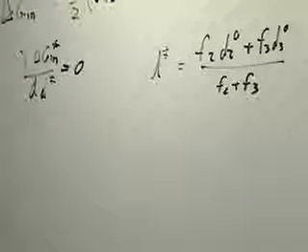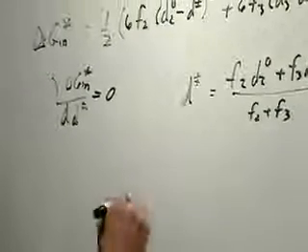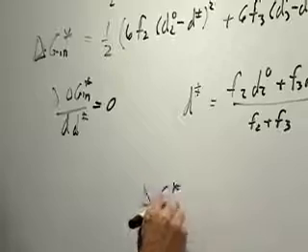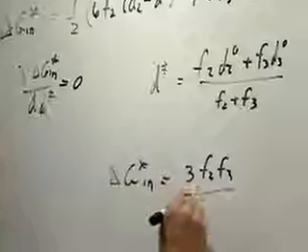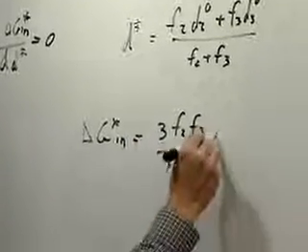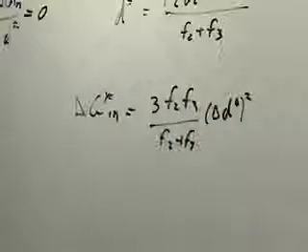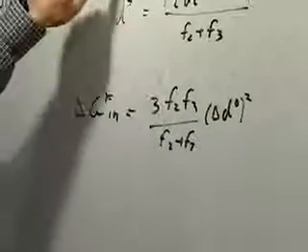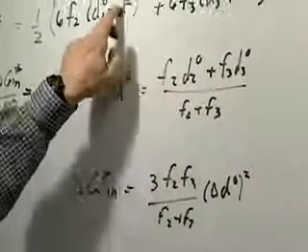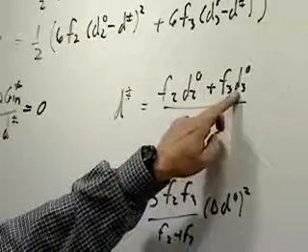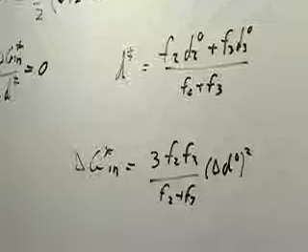But it does provide an interesting result: we can now go back and calculate delta G star, and that's 3F2 F3 over F2 plus F3 times delta D0 squared, where I plug this back in and work it through, and I end up with no more D dagger, but only D2, the equilibrium, and I end up with the difference.